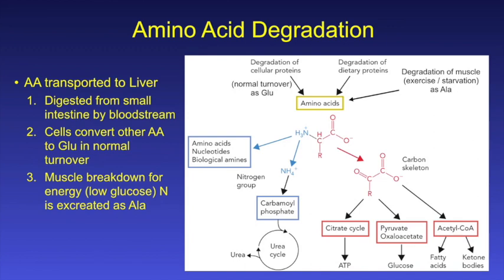When we have turnover, we're going to break off the amine, okay, heading to the urea cycle. And then we're going to break off the carbon skeleton in what's called an alpha keto acid. An alpha keto acid is an acid that is alpha to a ketone.